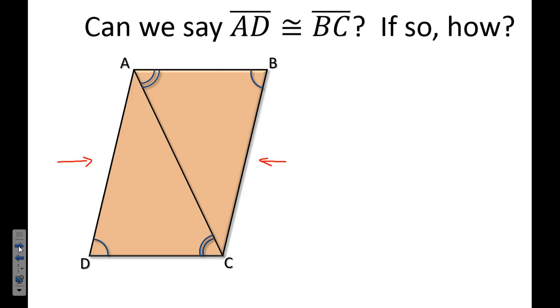In order to get them congruent, unless we've been told something, we have to first get these triangles congruent. So I see a pair of angles that are congruent. When we have two angles of one triangle congruent to two angles of another, what's the other part that we have to get? They share a side.